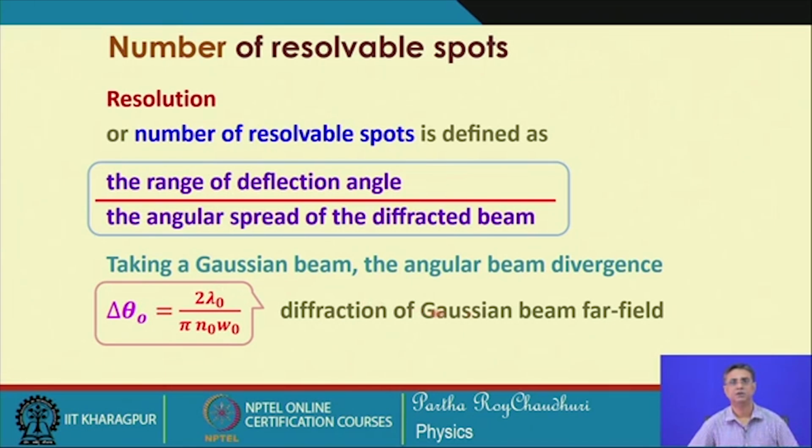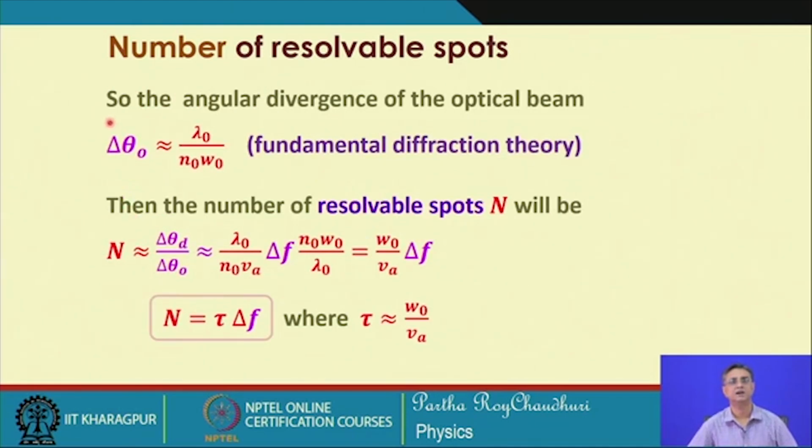So, diffraction of a Gaussian beam at far field is given by this equation. We can approximately write this delta theta 0, the angular divergence of the optical beam, in terms of the optical beam wavelength, the refractive index of the medium, and the beam size, that is W 0, the spot size of the beam.